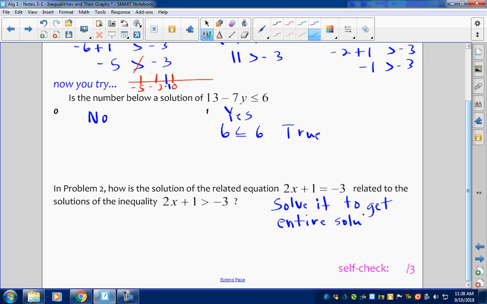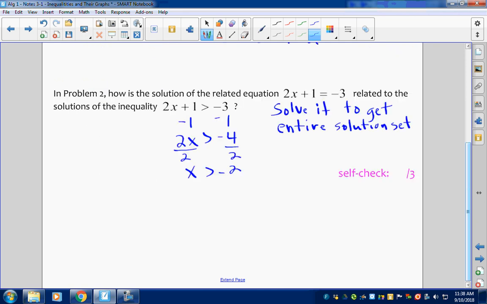What I mean by a solution set is that there's a whole bunch of numbers, actually an infinite number of numbers at work. And you can find out what all of them are in terms of the inequality here. Here's what it looks like. You can subtract 1 from each side. So 2x is greater than -4. Then you can divide by 2. And x is greater than -2.